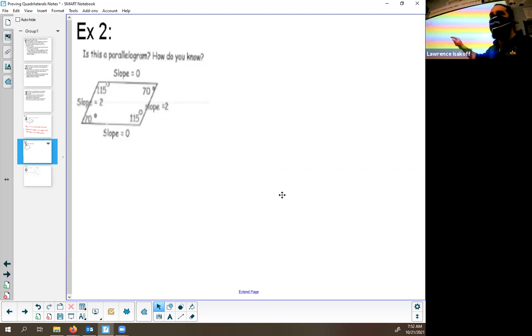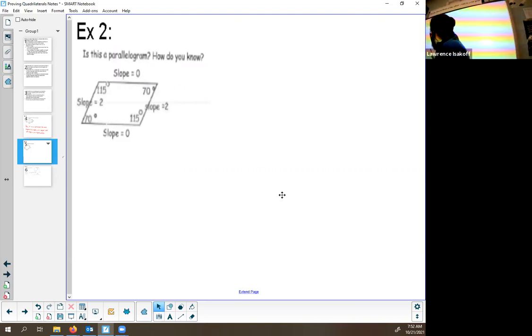Let's look at the sides first. What do we know about the sides? Good. So this is a slope of 0. This is a slope of 0 here. They're parallel. This is a slope of 2. That's a slope of 2. So we have opposite sides are parallel.